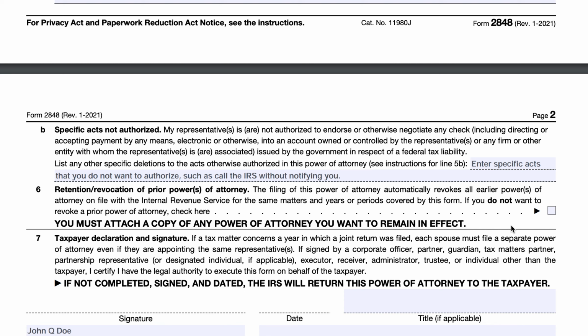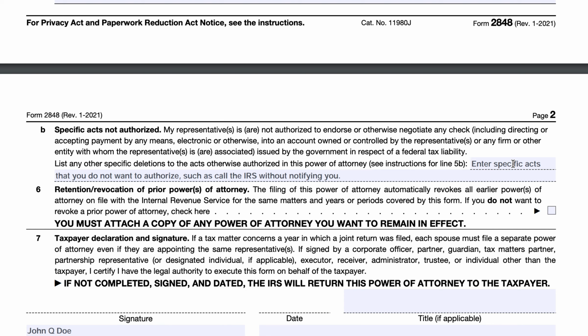In line 6, this is the retention or the revocation of a prior power of attorney. So by default, there's one thing I need to go back to line 5B for. Under any conditions, regardless of what you put in line 5B, your representative will never be allowed to endorse or negotiate checks on your behalf.